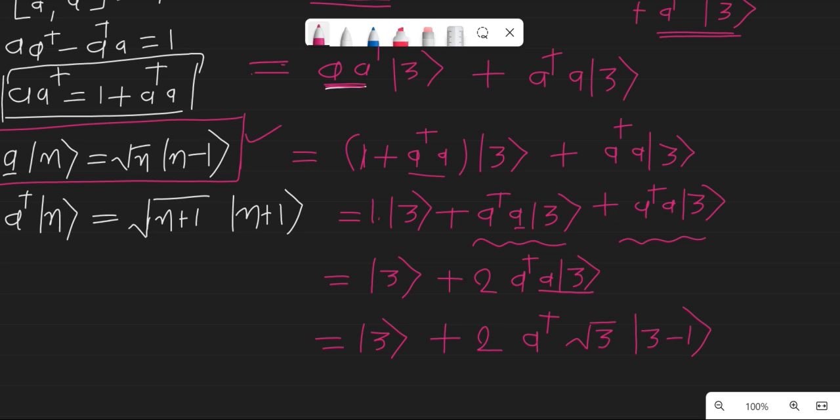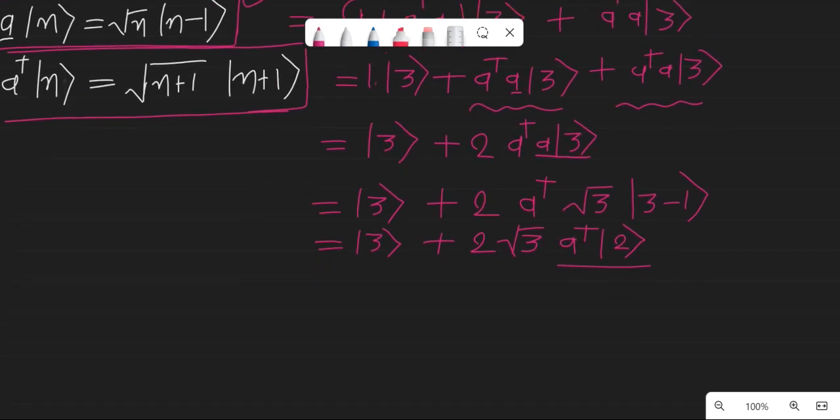Okay, now you are left with state 3 as it is plus 2. This root 3 is a number, so I take it outside, then a dagger will operate on 3 minus 1, that is 2 state. Now again here we will use the second formula.